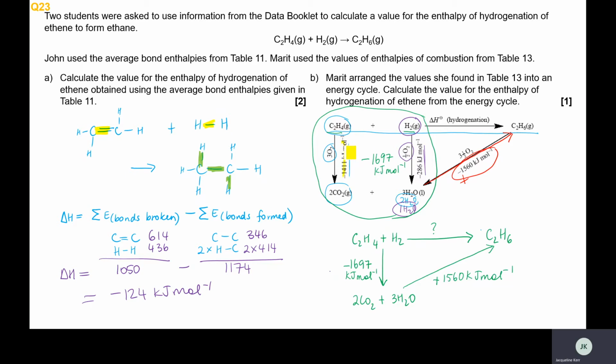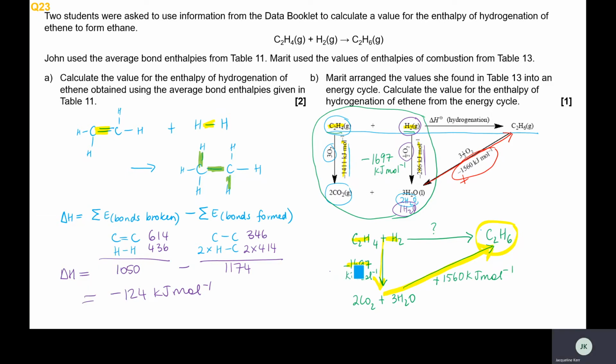That information gave us this one here, looking up the individual values for those two. So the combustion of the two of them together gives us that value, and then we can use that information and that information by reversing the sign to get to the value of the conversion of ethene and hydrogen to ethane. So now we just add those two together.